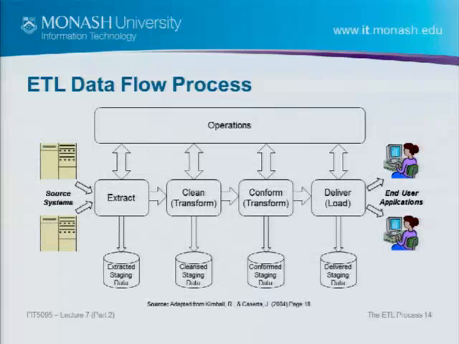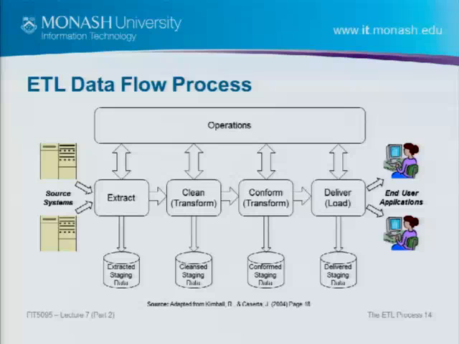So this is where now we're talking about the data flow. It's a standard diagram, but in this case I've given the ETL process the prominence that it deserves, rather than the single tiddly little arrow that it normally gets in most diagrams.